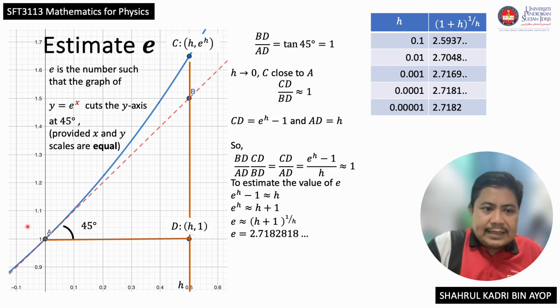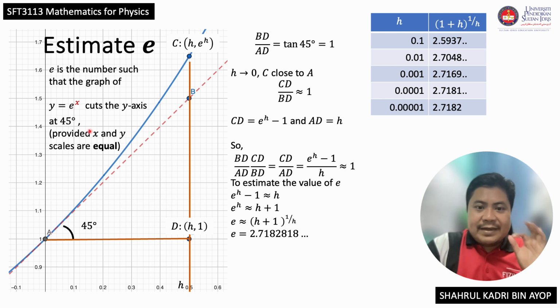At this particular point, the graph of y equal to e to the power x cuts the axis at 45 degrees. So e is a number such that it cuts at 45 degrees. What is that number actually?